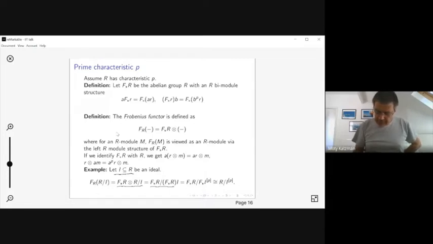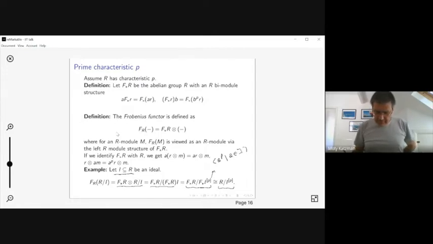What you're going to get is the ideal generated by all the Pth powers of elements in I. This is the ideal generated by A to the P when A is in I. And then, what's this as a left R module? Well, when we identify F lower star R with R, what we're getting is then this.